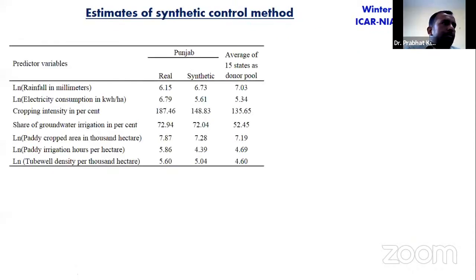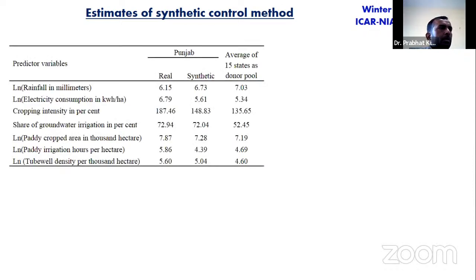So now coming to the final estimate of the synthetic control method, what type of result we are getting and how we can draw the inference from there. Here are the variables which we have included in the model, and I put the real value, the synthetic, and also the average value.